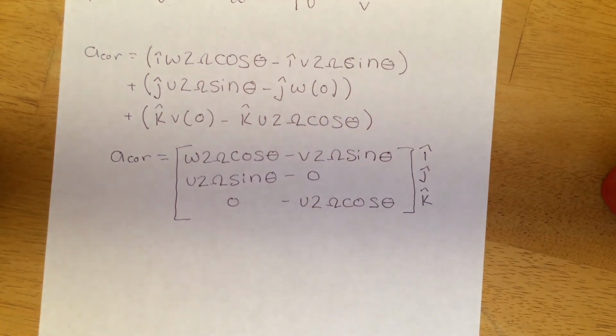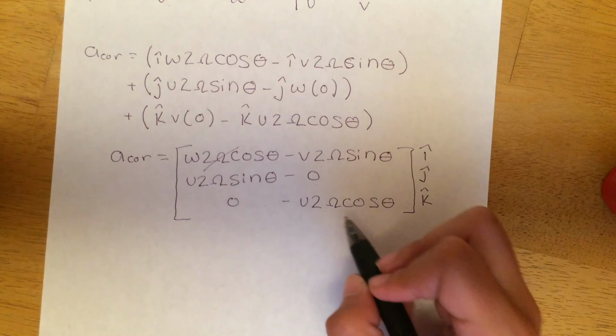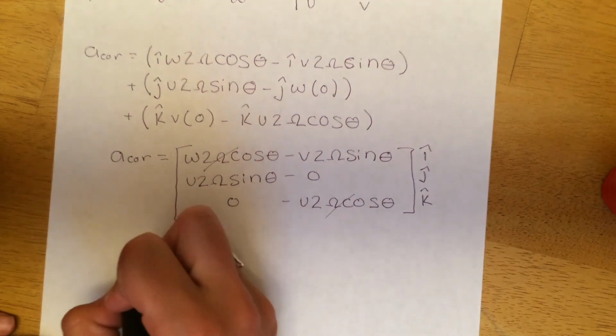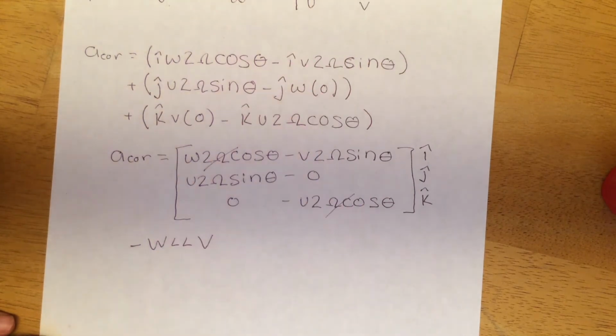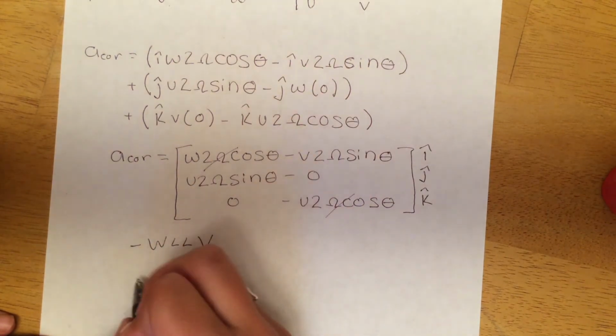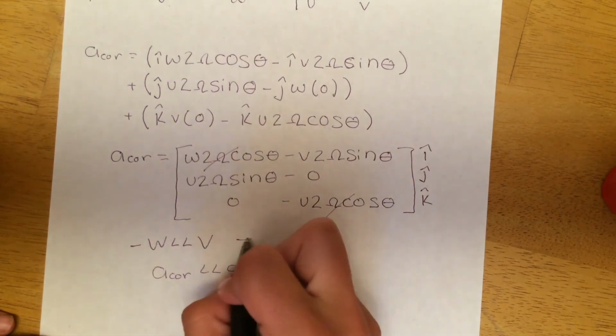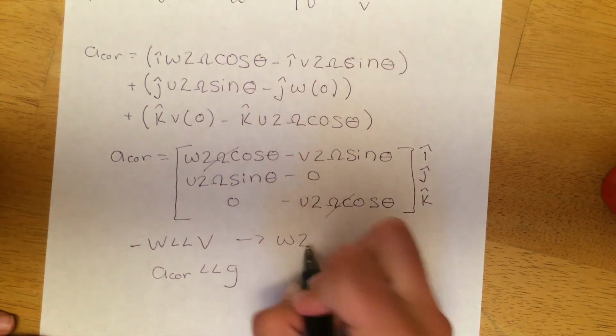We can neglect the first term in the i direction because our vertical velocity w is much smaller than our horizontal velocity v. And we can neglect our term in the k direction because, if we recall, we include the gravity force in this direction and the acceleration due to gravity is much stronger than the Coriolis acceleration.